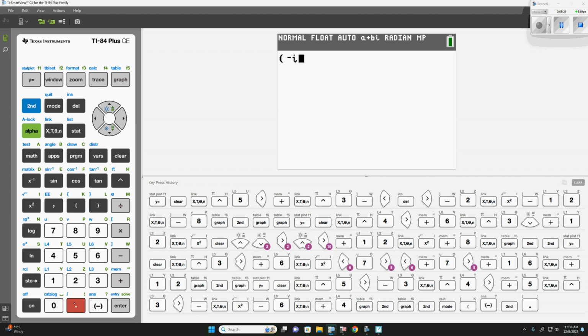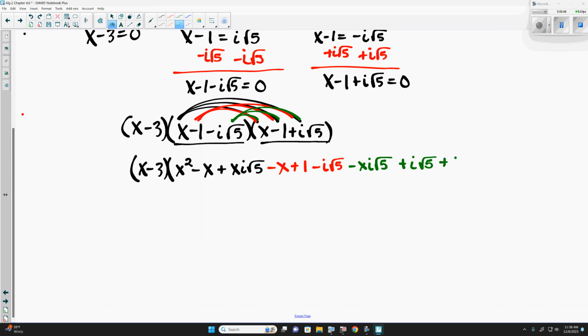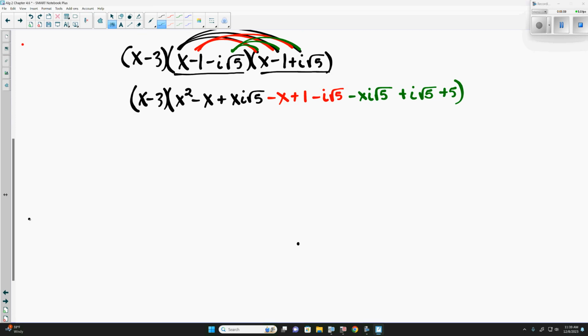Negative i square root of 5 times i square root of 5, we get 5, positive 5. And that gives us all this here. Questions on how we got to this point here?